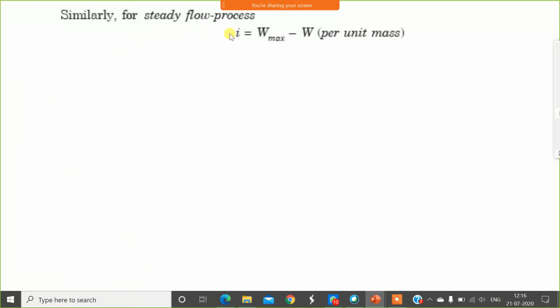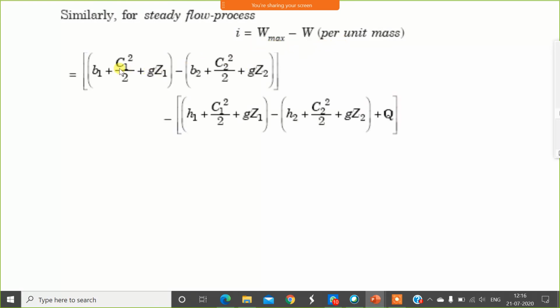Similarly, for a steady flow process, I is equal to W max minus W, and for the flow process we will consider the steady flow energy equation.